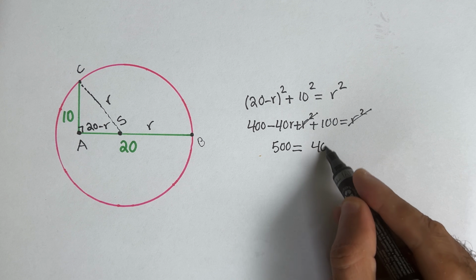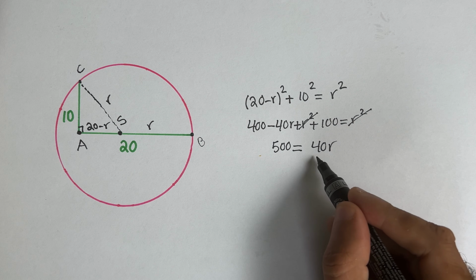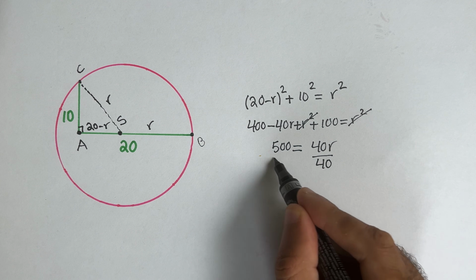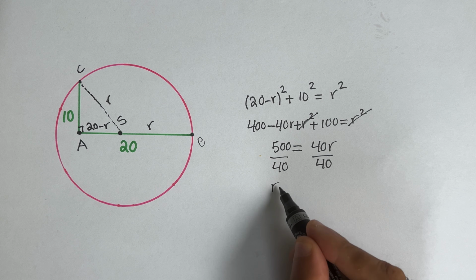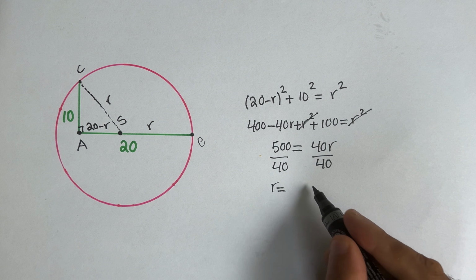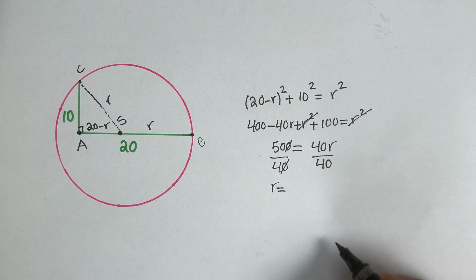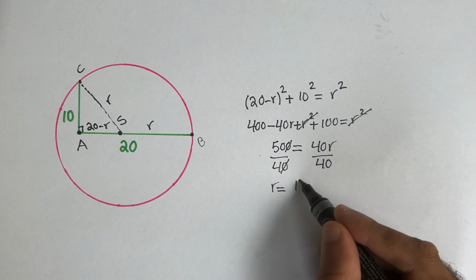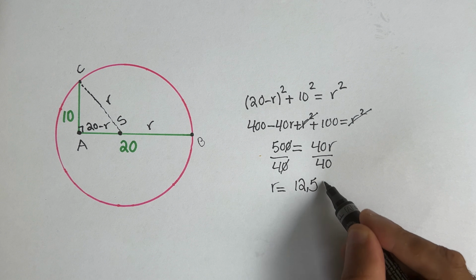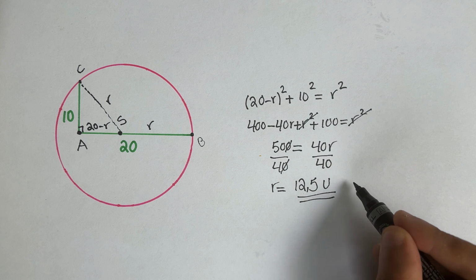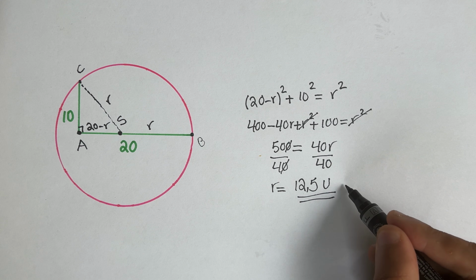So we have 40R. To find the radius, we need to divide by 40 on both sides, and we get our beautiful result, our radius, which is 50 divided by 4, and that is 12.5 unit. This is one way to find the radius of this beautiful circle.